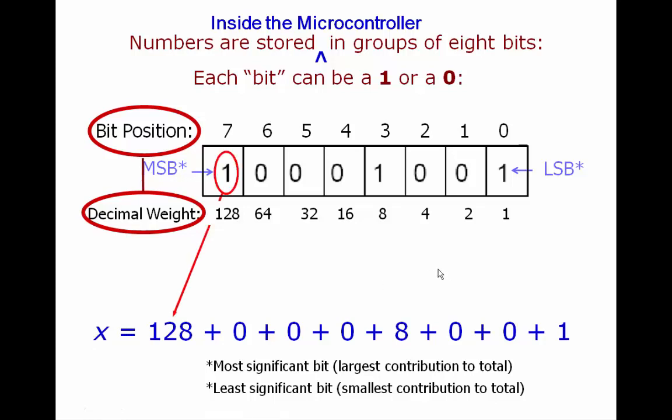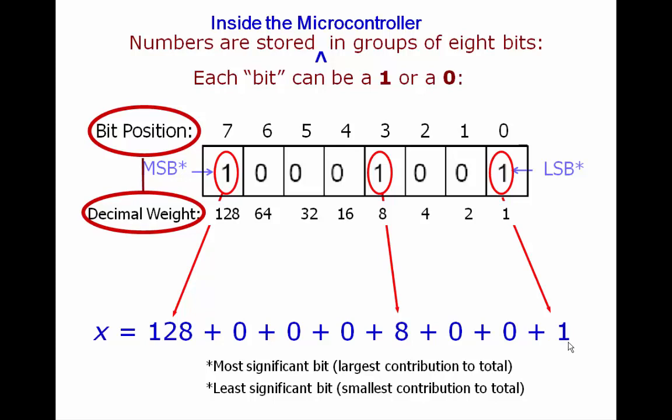Well, the 1 in bit place 128 contributes 128 to the total that will comprise the variable x. The next 3 bit positions are 0, so they don't contribute anything. The next bit position contributes a total of 8 to the total comprising x.